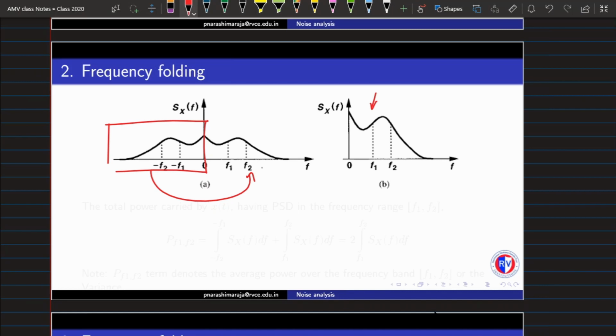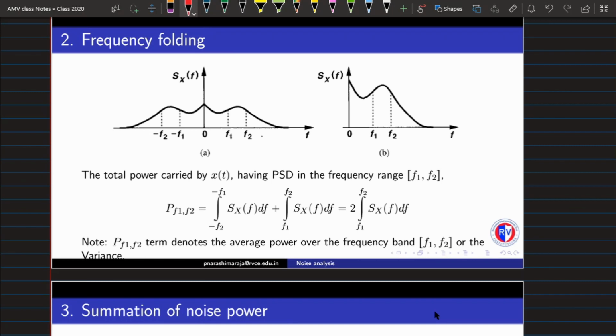Now let us see how one could use this folding technique in calculating the total power of the signal x(t). So let us try to calculate the power between the frequencies f1 to f2. This power is nothing but an integral over this set of frequencies on the negative axis plus the integral over the positive axis between f1 to f2.